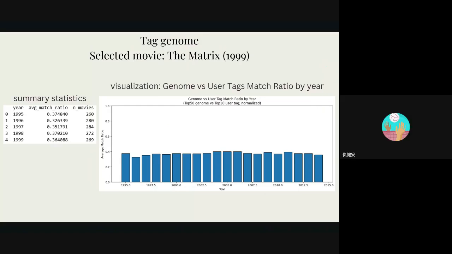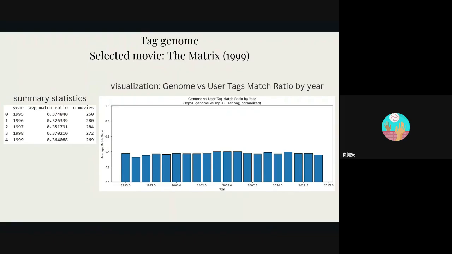Go ahead. So here, what I want to show is, because they have built an AI or some kind of algorithm for computing a movie's genre, I want to see whether the user's tags are close to the genres or whether they just give whatever text they want. Here I compare the user tags and the genres, and it shows that half of the genres are what the users give as text, so they match.